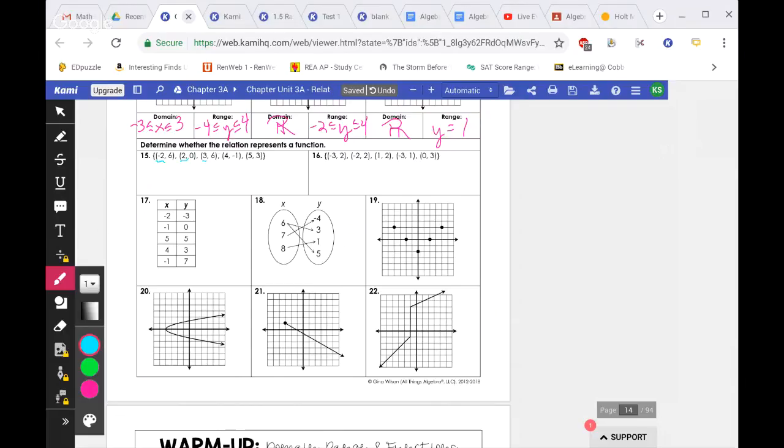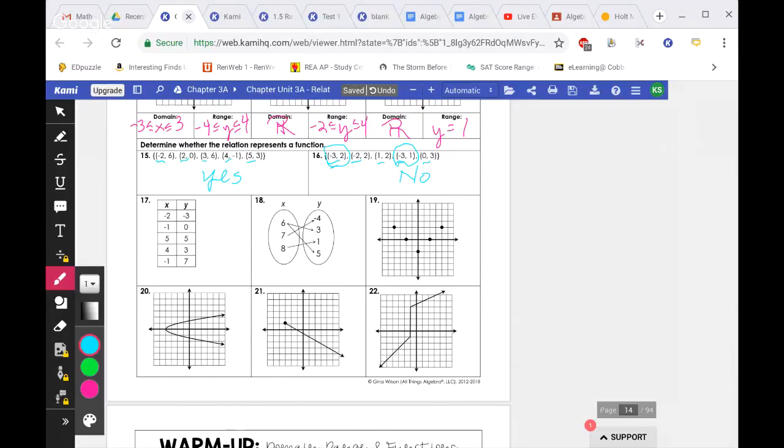None of those x's repeat, do they? So that would represent a function. Now on this one, we have a -3, a -2, a 1. Oh, we got another -3 and a 0. So these two ordered pairs have the same x value. So this would not be a function.